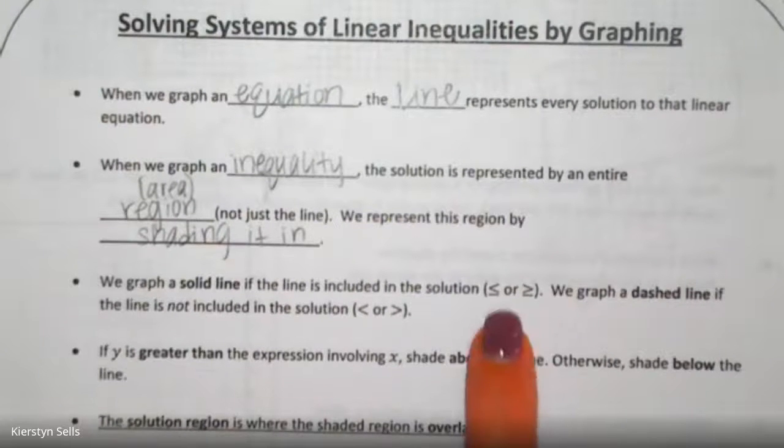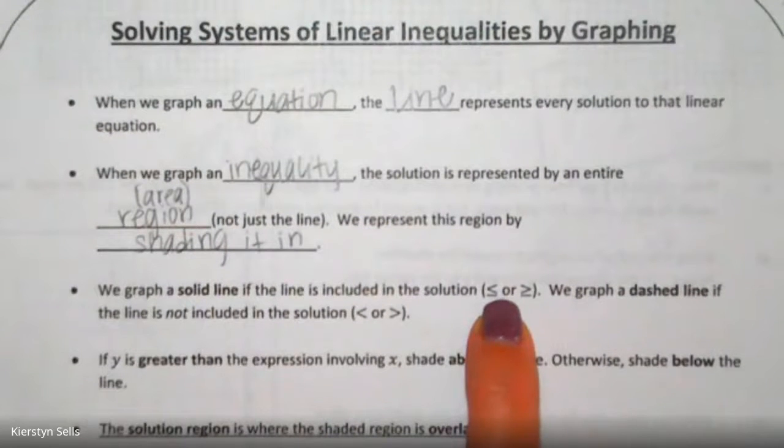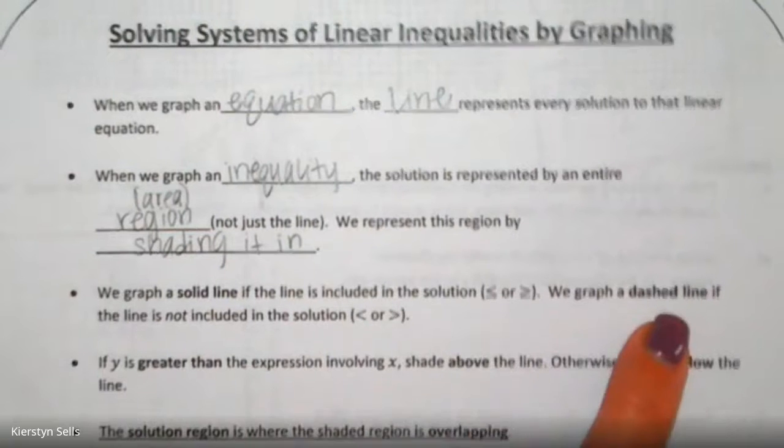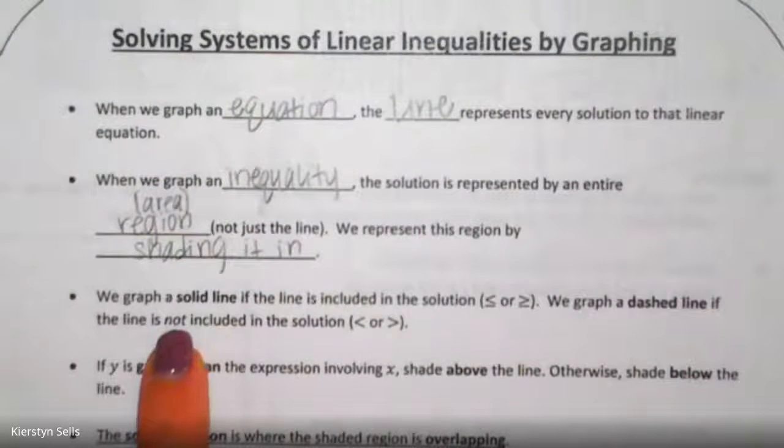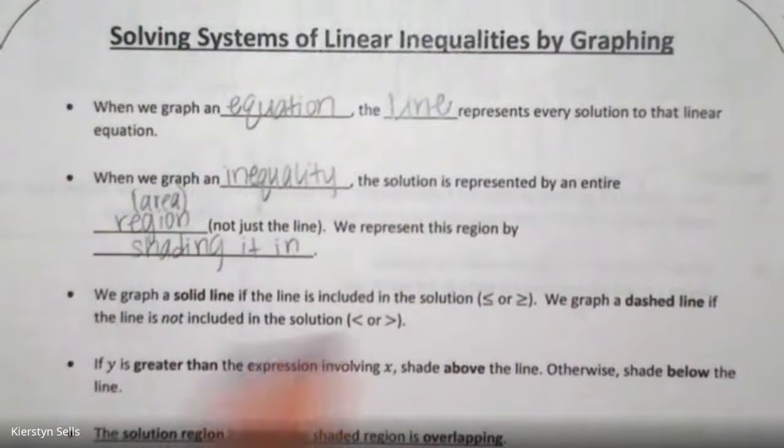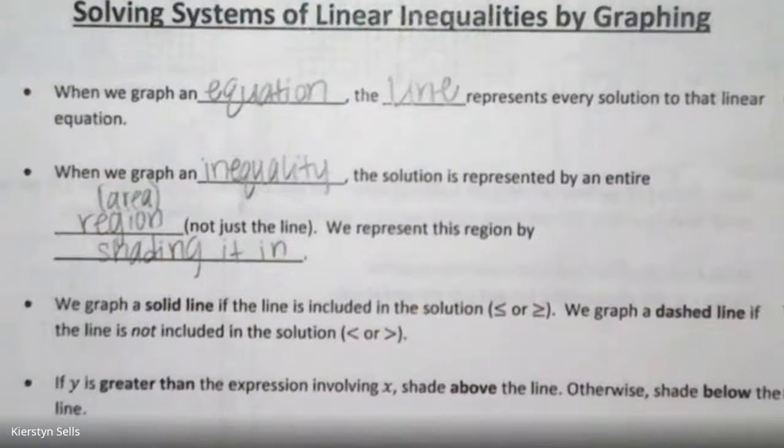So remember, if it has the equal to, it's solid. We graph a dashed line if it is not included. So when it's just greater than or just less than. If y is greater than the expression involving x, shade above. Otherwise shade below. So when it's less than, we go below. The solution region is where the shaded region is overlapping.